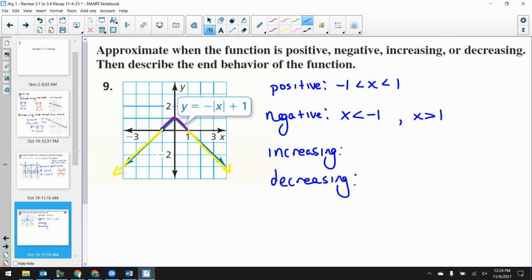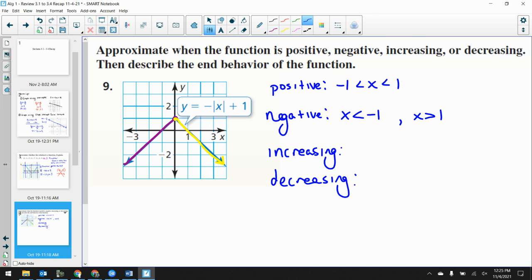Okay, increasing, decreasing. If a function is increasing, remember this is like when I put the roller coaster on it, and if it's chugging up the hill, then it's increasing. If it's going down the hill, then it's decreasing. So at all points to the left, it's increasing.